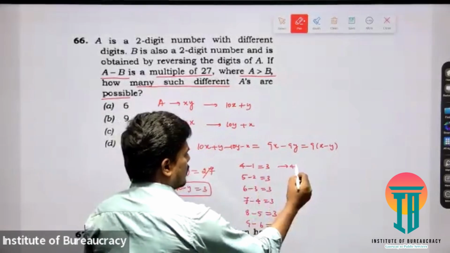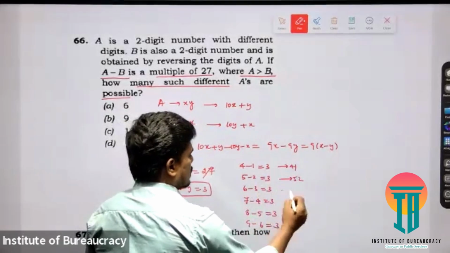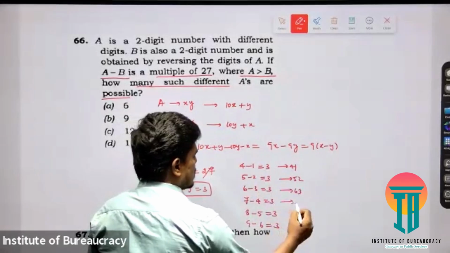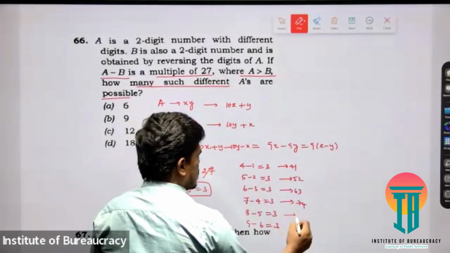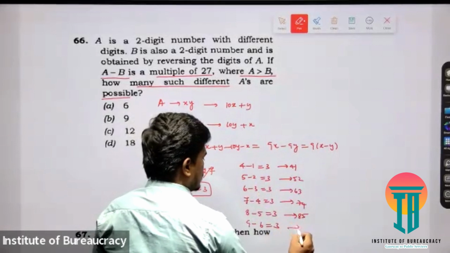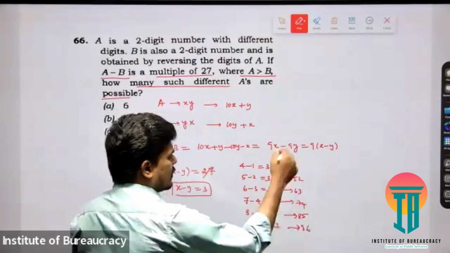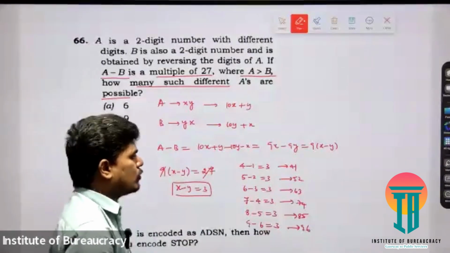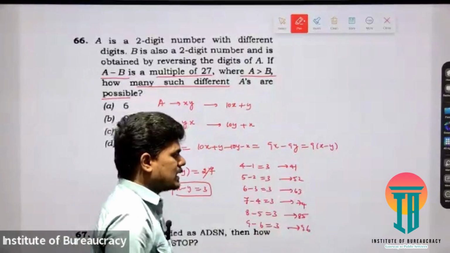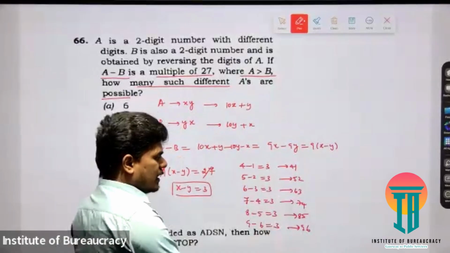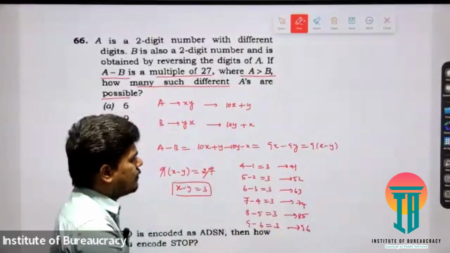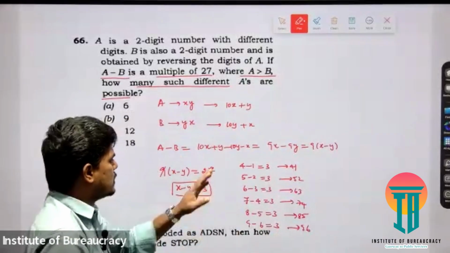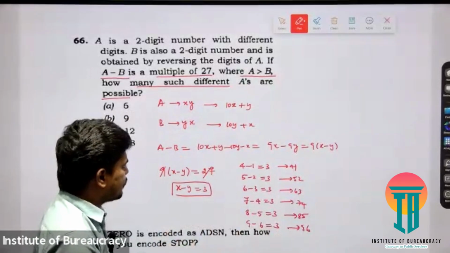This is 41, 52, 63, 74, 85, 96. These are A. If you reverse them, 14, 25, 36, 47, 58, 69. They are the B values. So here we have 6 possibilities.